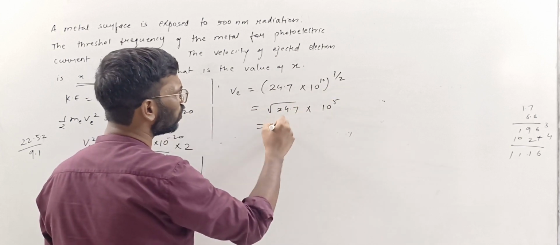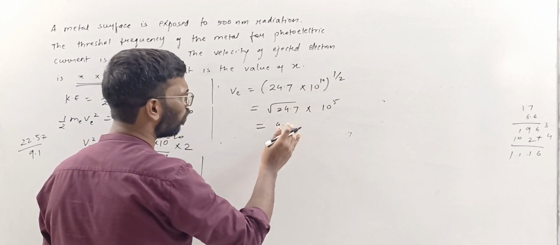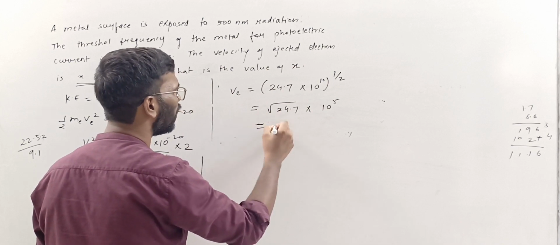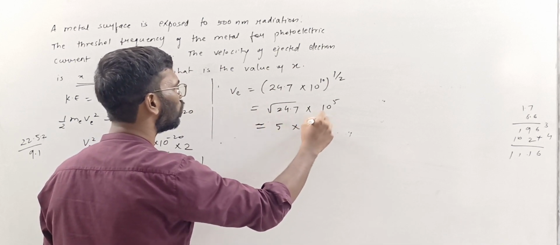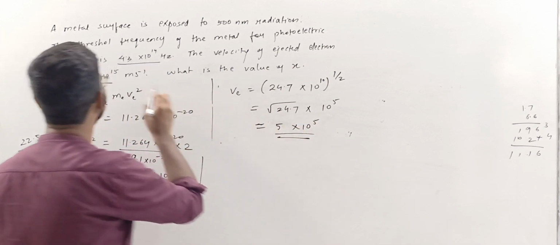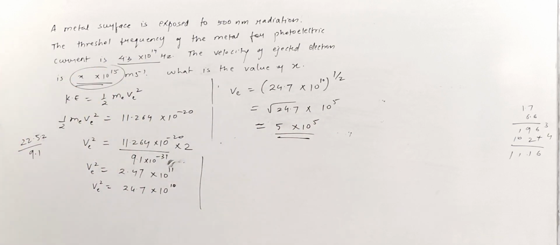The square root of 24.7 is close to 4.9, 4.7. We'll write this approximately as 5 into 10 raised to 5. Okay, yes, answer is matching.